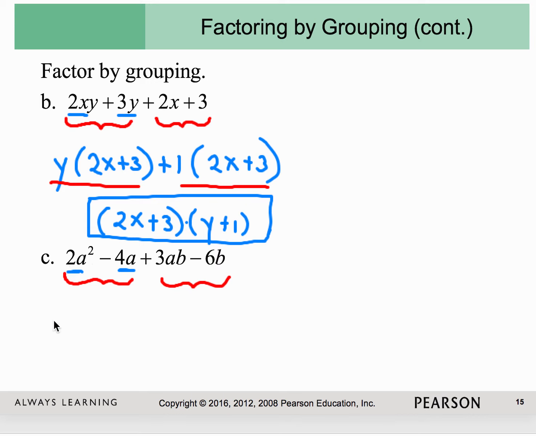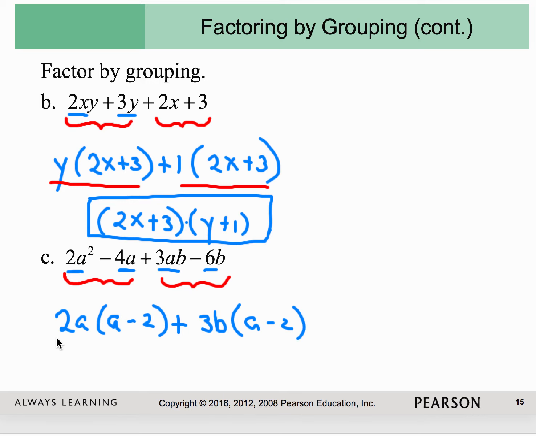I can take a 2A out of both of those, and that leaves what? Right, an A there and a minus 2. Got a plus sign in the middle, so no worries. Here I can take out a 3B, and that leaves A minus 2.